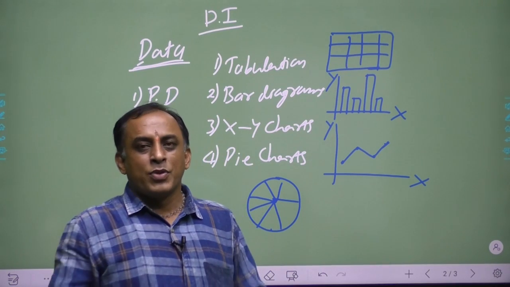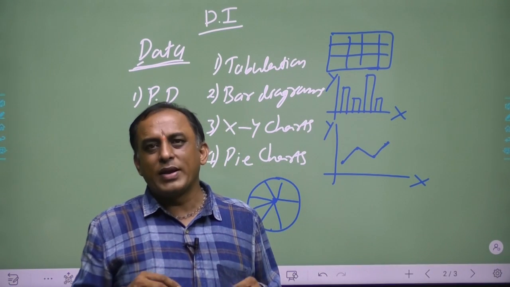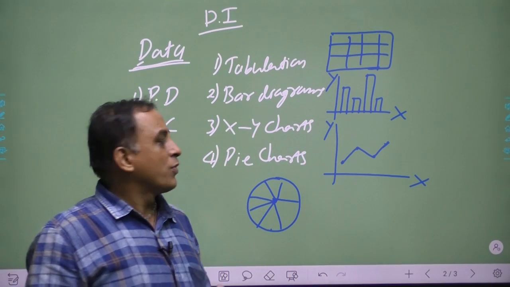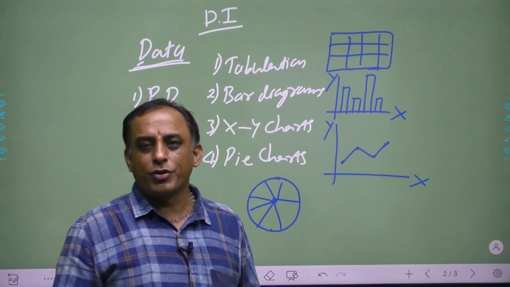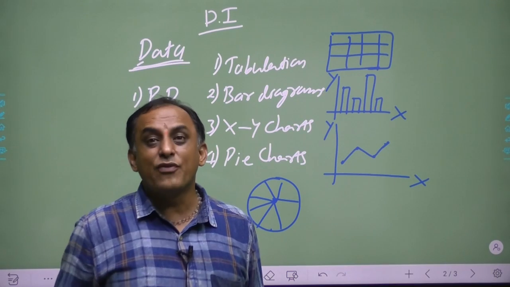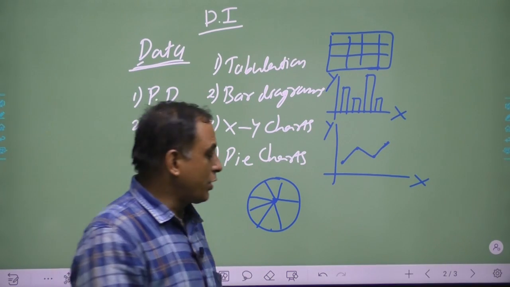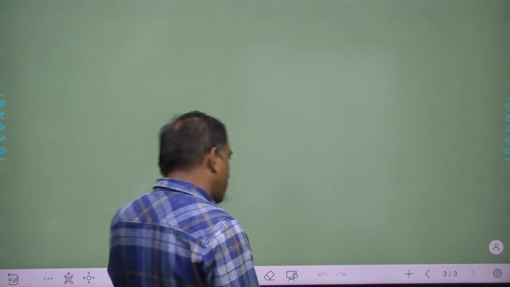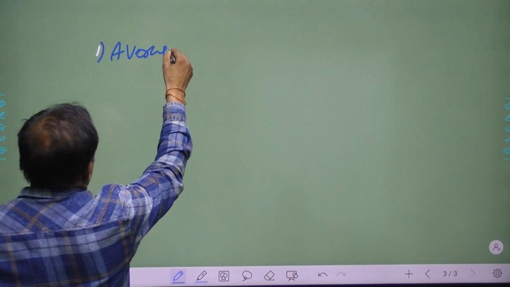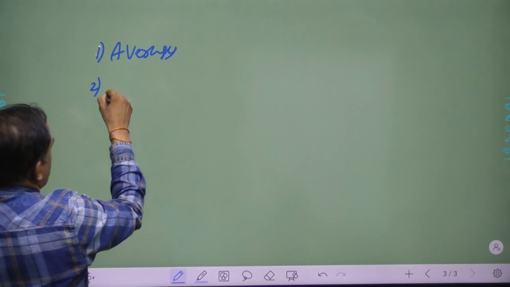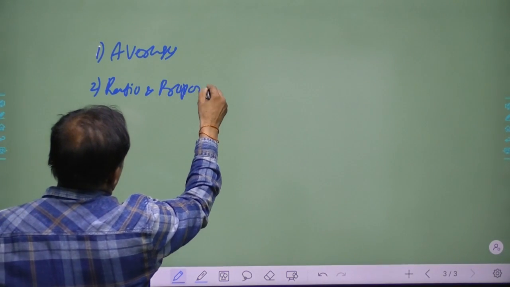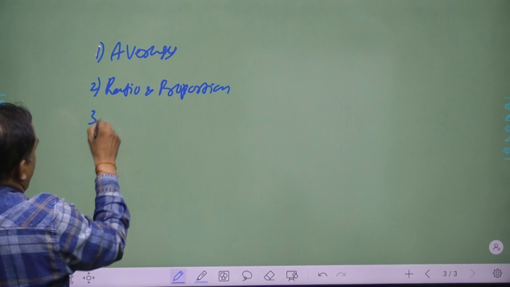Okay, and these four are important parts in data interpretation: tabulation, bar diagram, XY chart, and also pie charts. These topics are very easy if you know some topics in aptitude. That is averages, ratio and proportion, percentages.